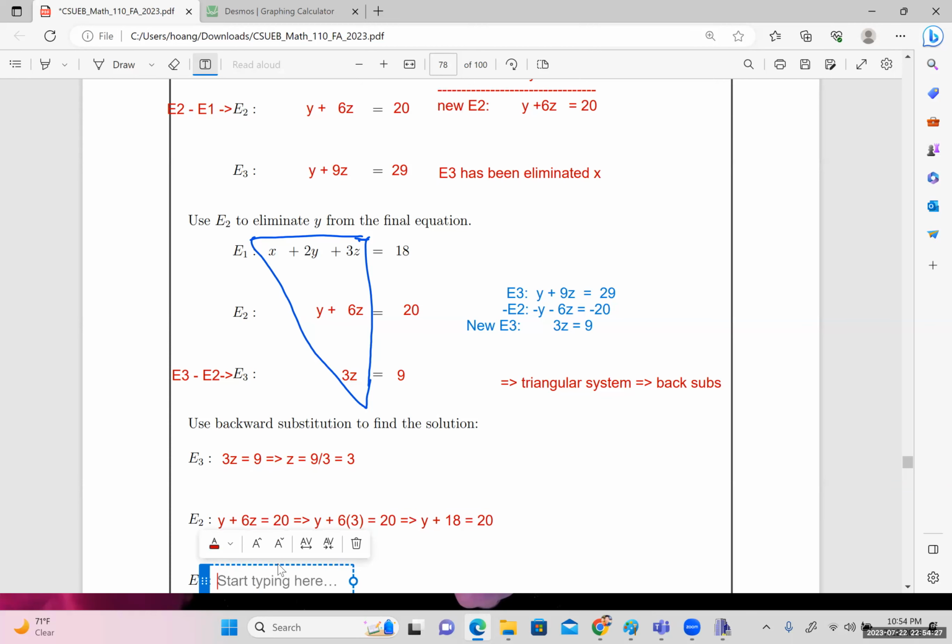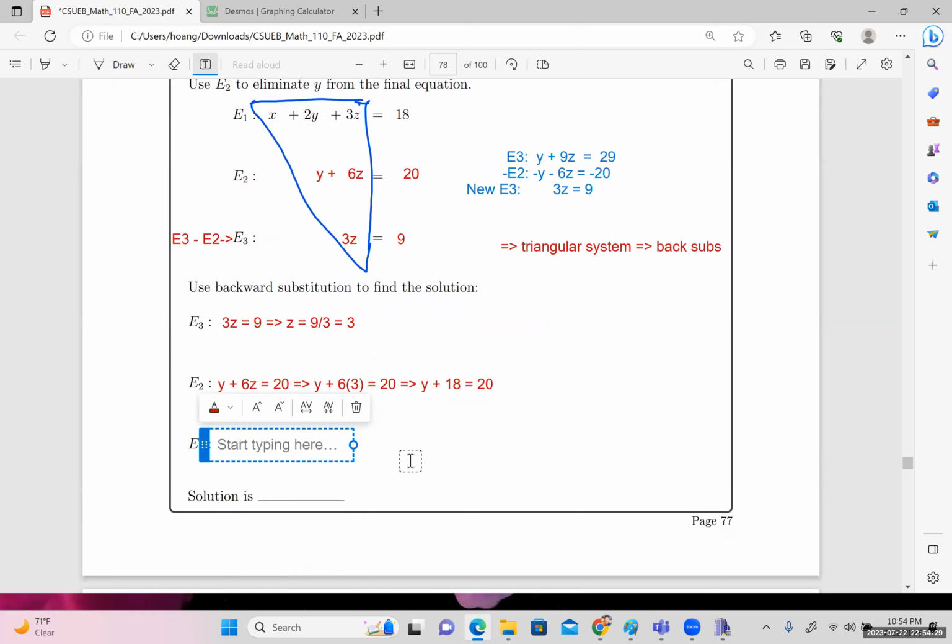Okay, so now the last one, E1, I have x plus 2y plus 3z equal to 18. And so then I can substitute everything in. y is equal to 2, and plus 3 times z, which is 3 now, equal to 18.